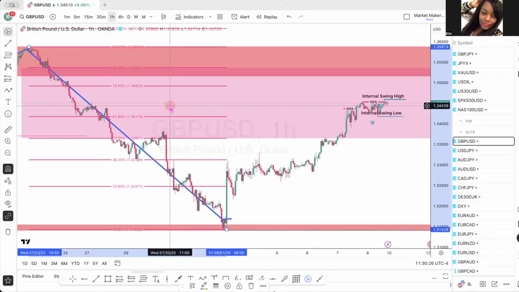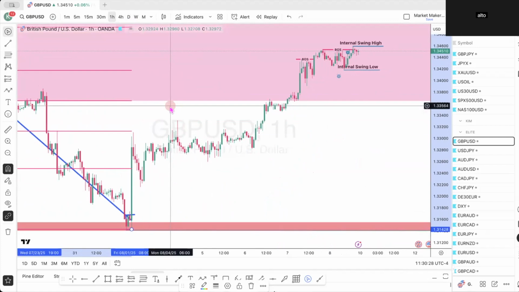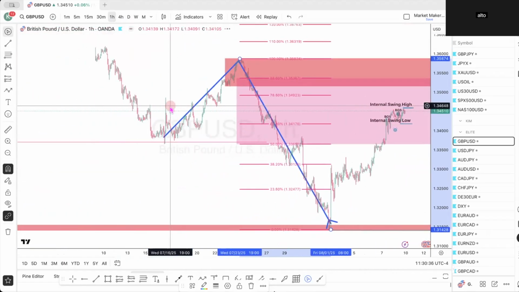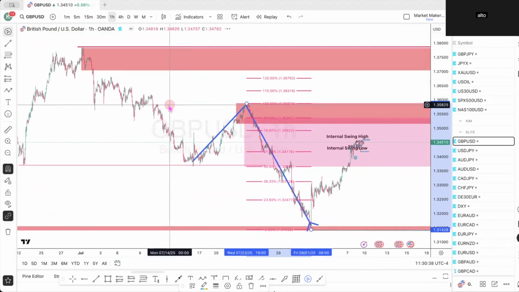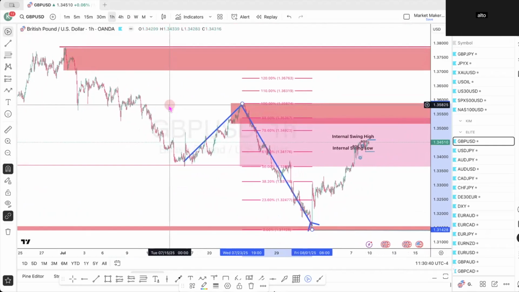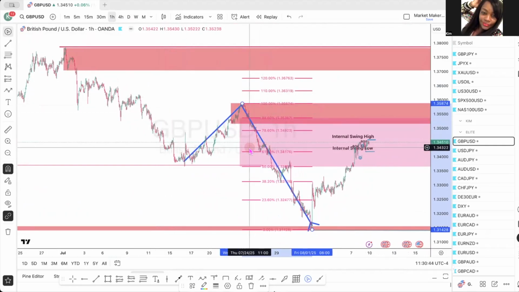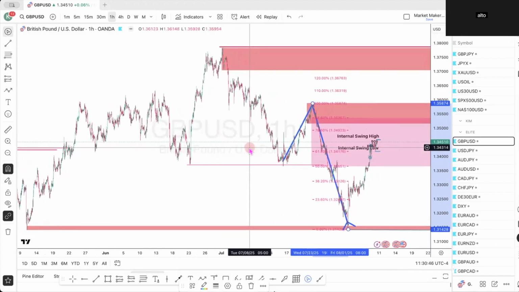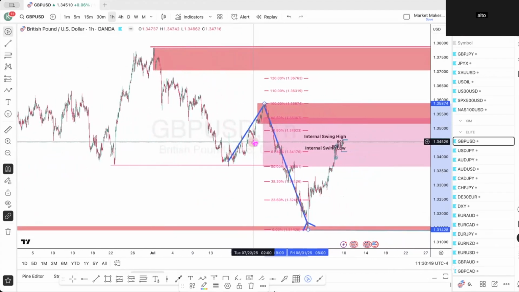Okay, so the swing. When you do that, the swing low should be at the swing low of the internal structure, right? Or is it the general swing low of the entire structure?